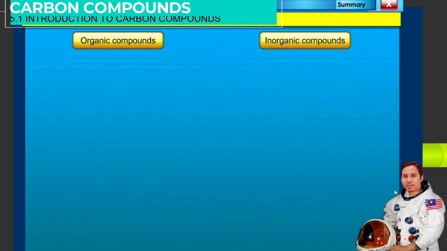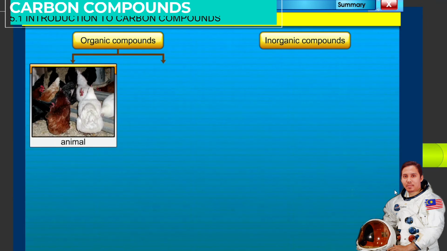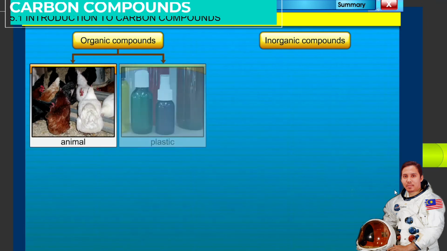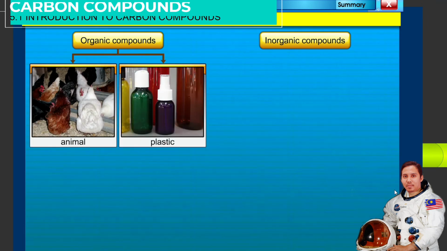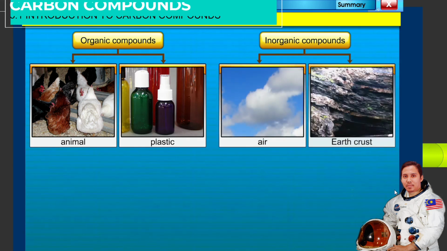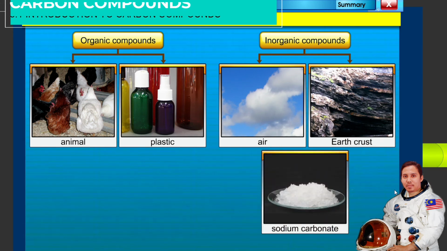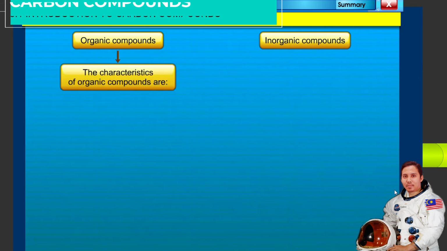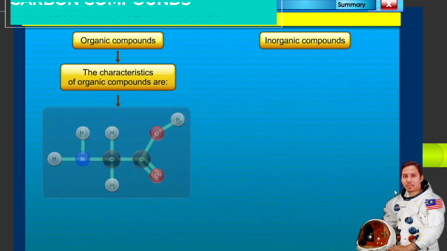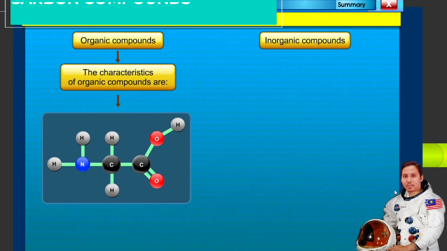Organic compounds can be found in living organisms and also can be made in the laboratory. Inorganic compounds can be found in the air, in the Earth's crust, and also can be made in the laboratory. The characteristics of organic compounds are: they contain carbon in combination with other elements such as hydrogen, oxygen, and nitrogen.